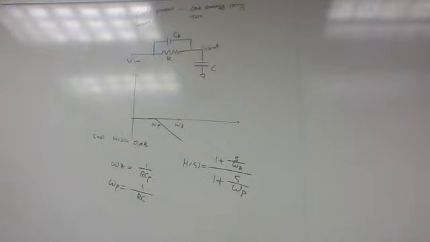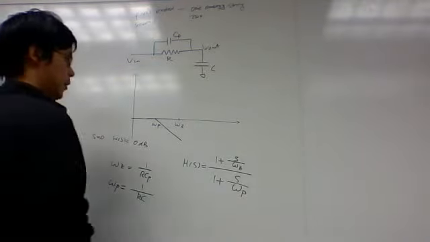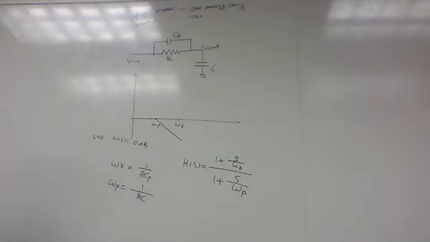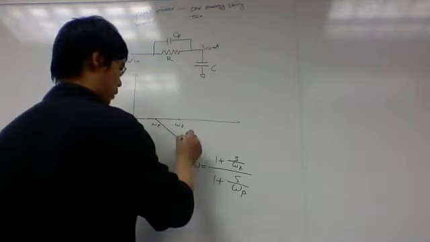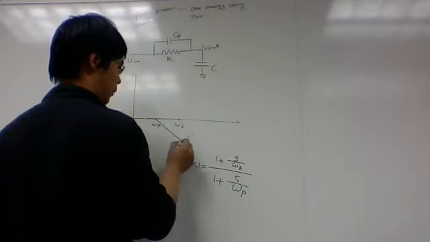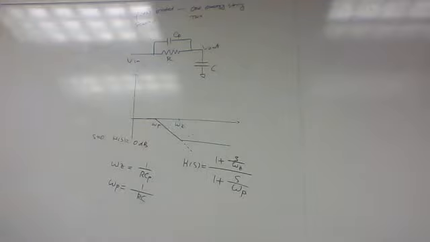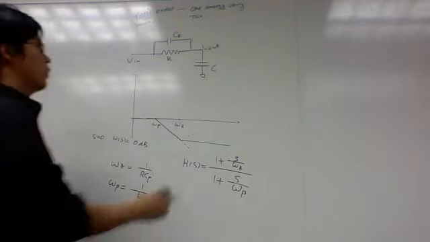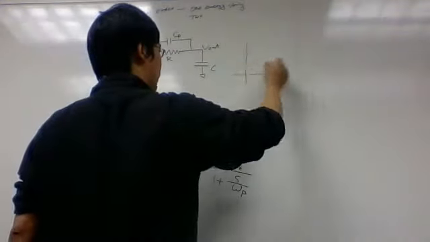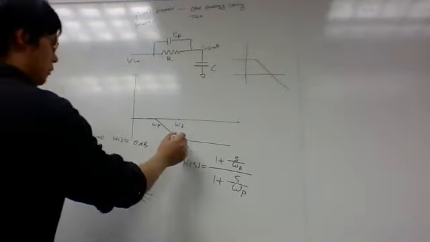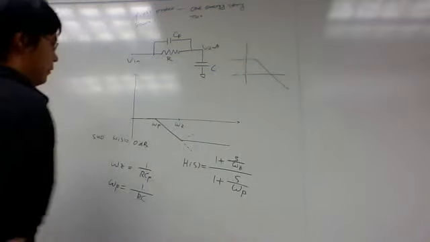Then after you hit omega p, you start to see the zero. The zero wants to go up, and omega p wants to go down, so the net effect is flat. Without the Cp, it would be monotonically going down, but here, after you hit the zero, it becomes flat.